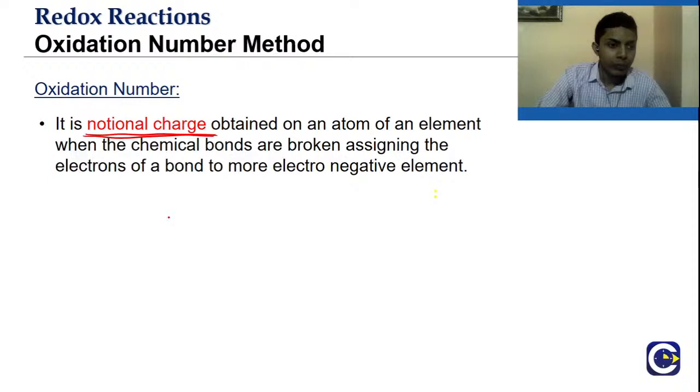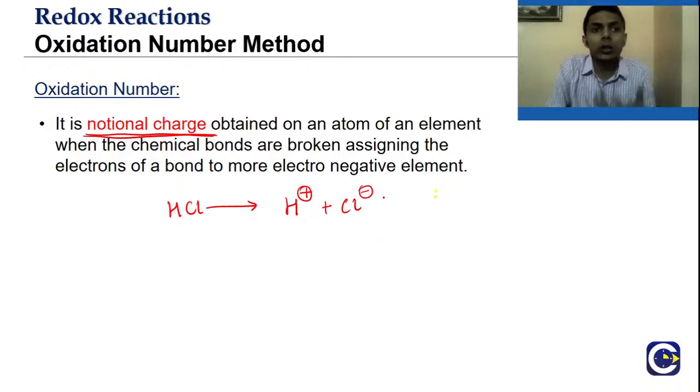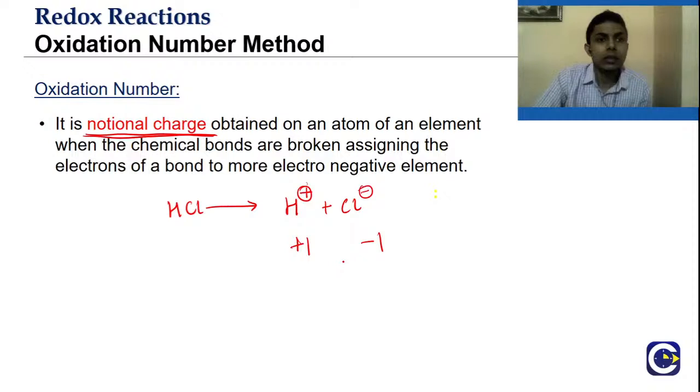For example, if I take HCl and try to split it, it will come out as H+ and Cl−, isn't it? Because Cl is more electronegative. So this charge, +1 or −1, is itself the oxidation number.